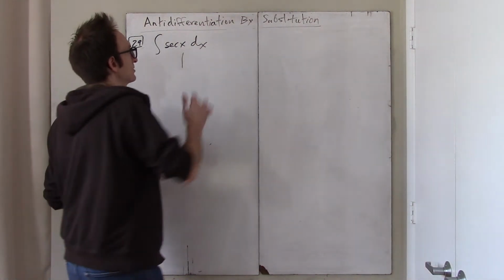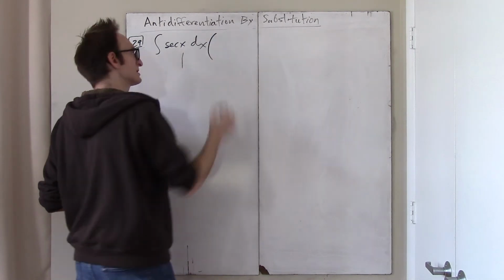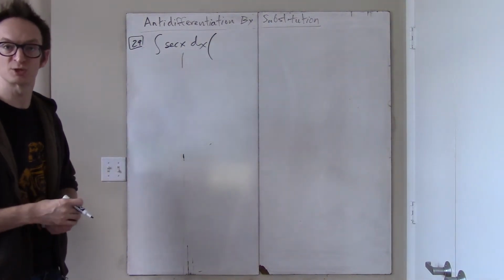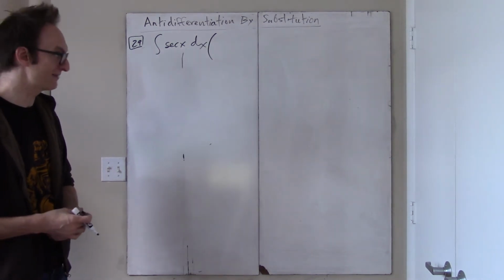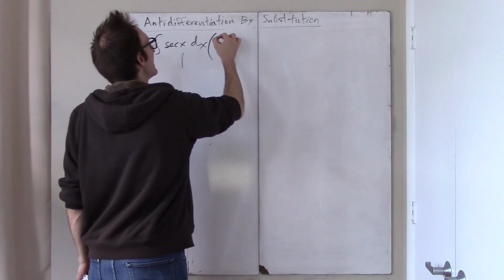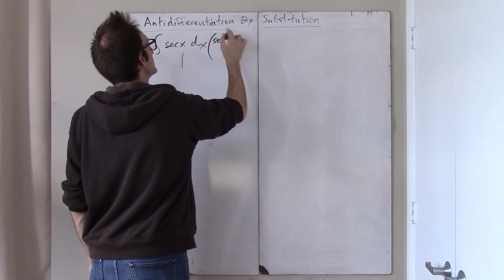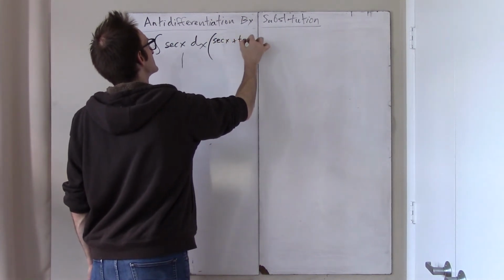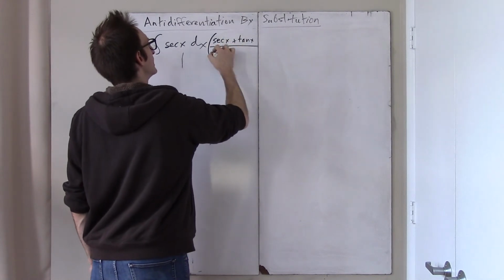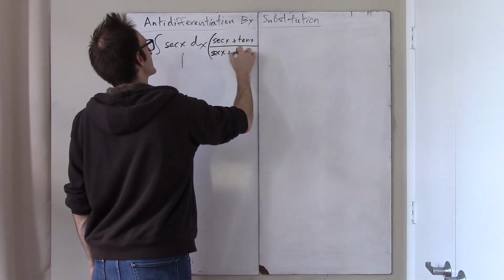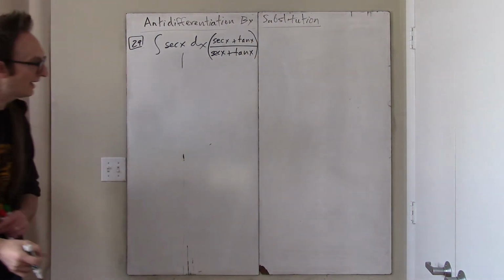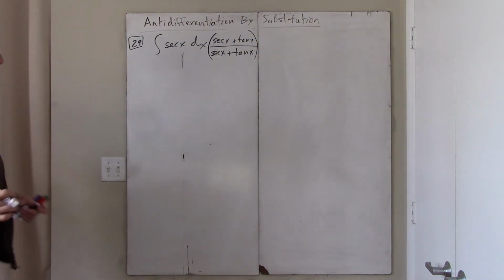The cheap way to do this is to essentially just memorize this algebra trigonometry trick, which arrives completely unmotivated. And that is, if you multiply by secant x plus tan x over secant x plus tan x, a totally non-obvious thing to do.